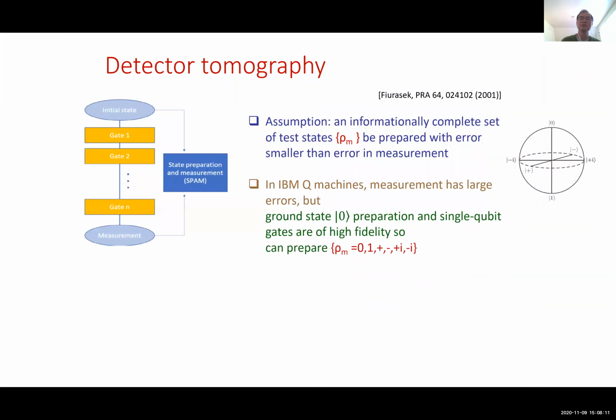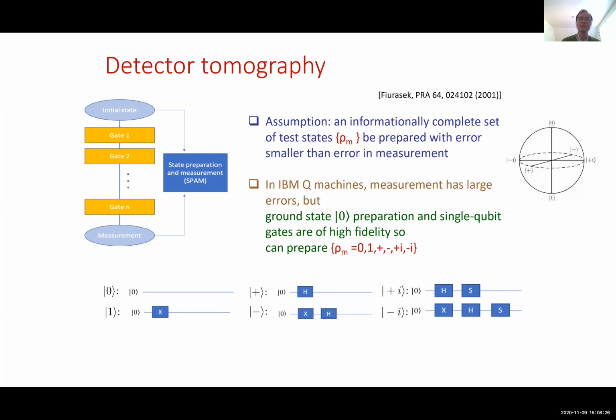So the idea is to send 6 different states, very similar to what we encountered before in the process tomography. These 6 states can be easily created. The 0 state is already initialized when you call a quantum register.